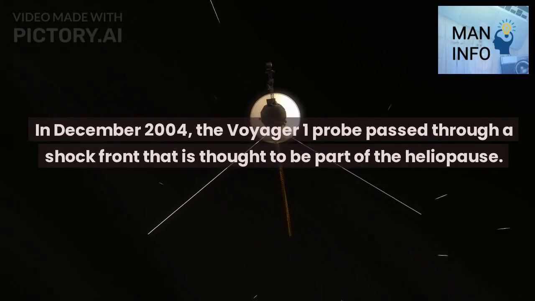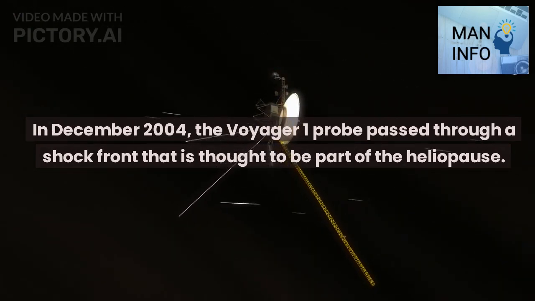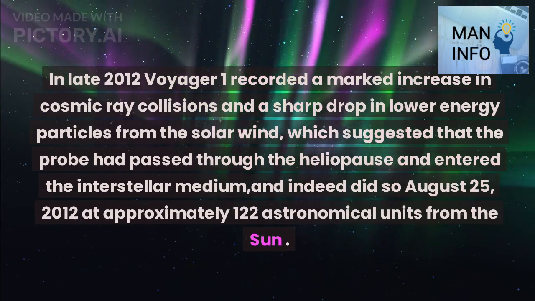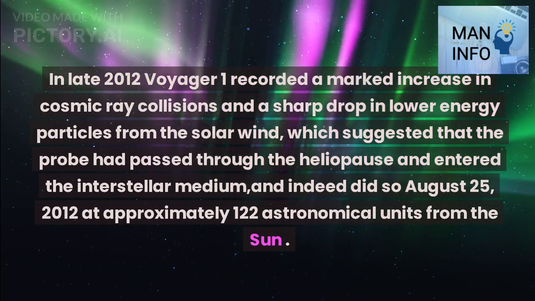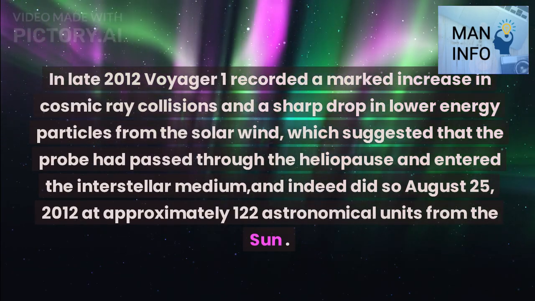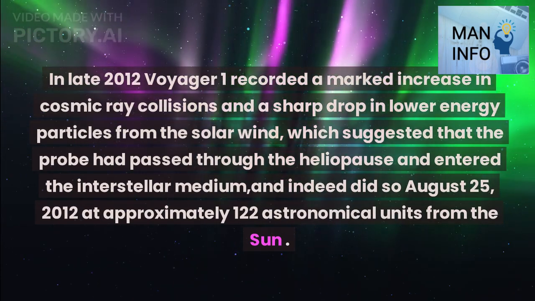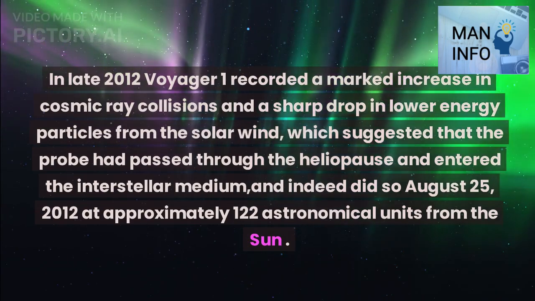In December 2004, the Voyager 1 probe passed through a shock front that is thought to be part of the heliopause. In late 2012, Voyager 1 recorded a marked increase in cosmic ray collisions and a sharp drop in lower energy particles from the solar wind, which suggested that the probe had passed through the heliopause and entered the interstellar medium, and indeed did so August 25, 2012 at approximately 122 astronomical units from the Sun.